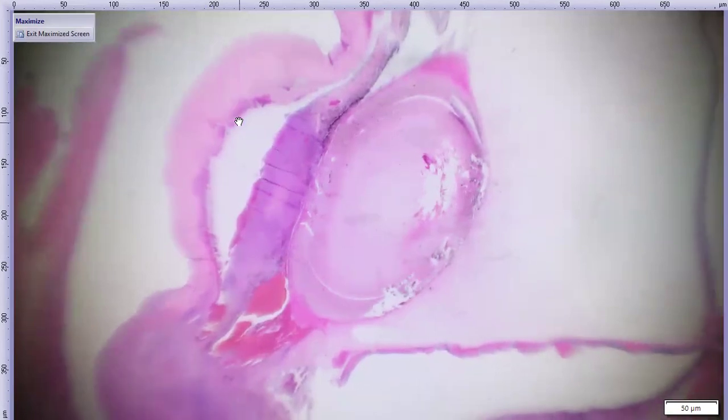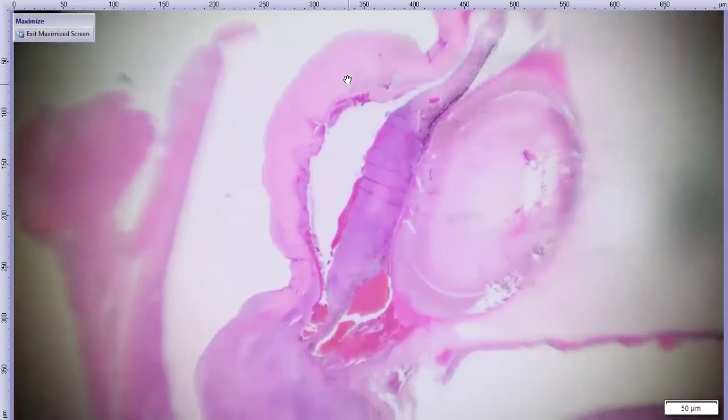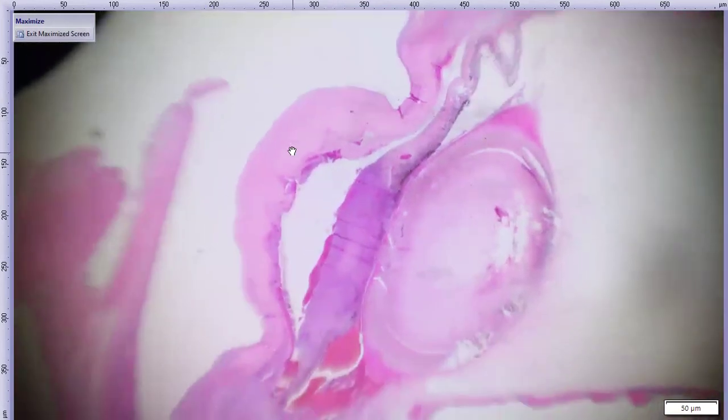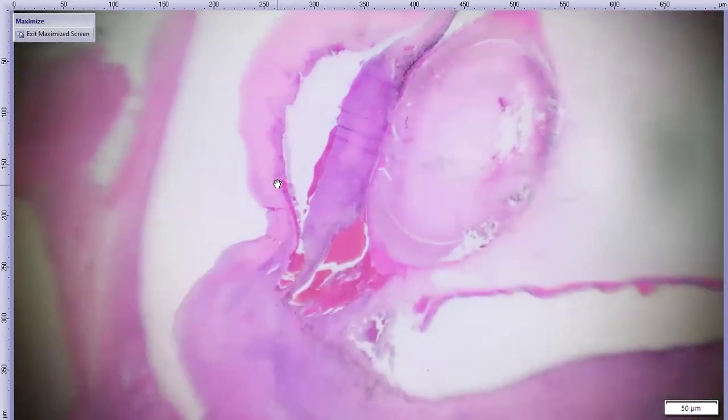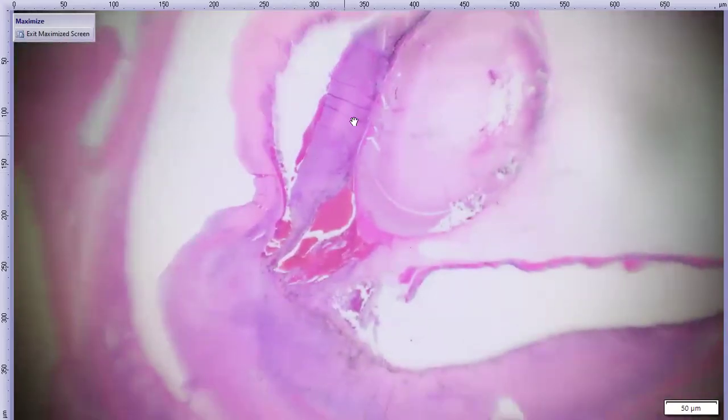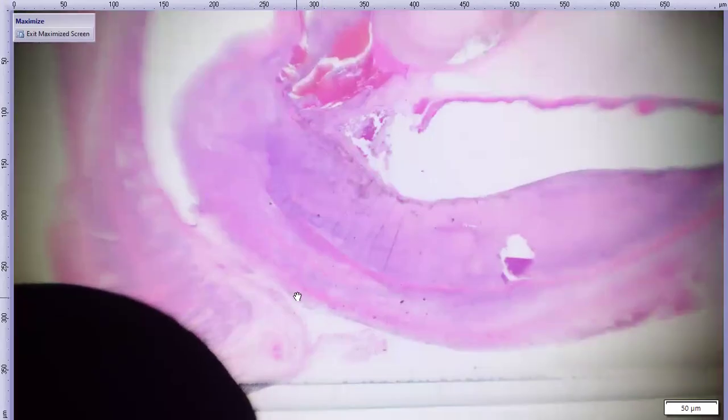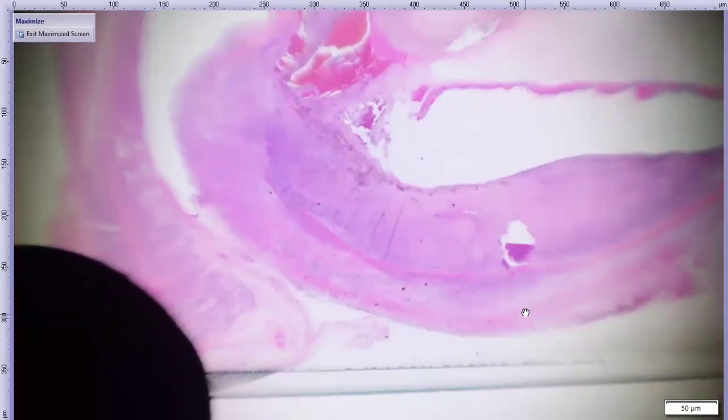Here's the cornea, which looks extensively ulcerated. The main event, however, is this hyperbasophilic or hyperpurple area that's affecting the iris in this area, and also extends into the ciliary body and into the sclera here.